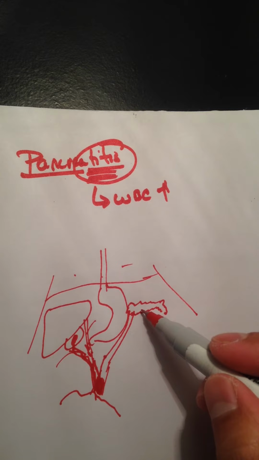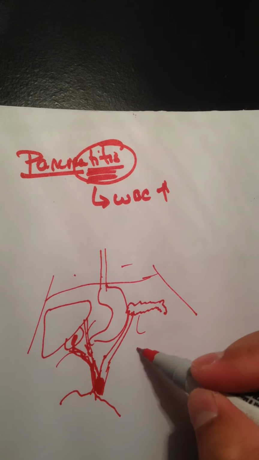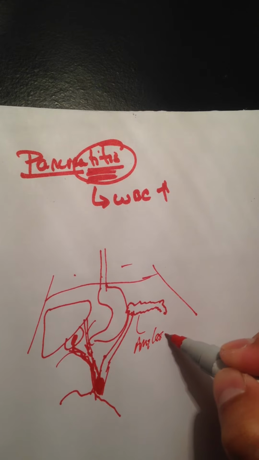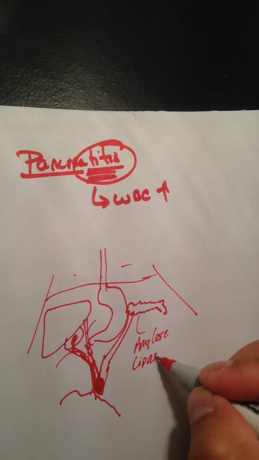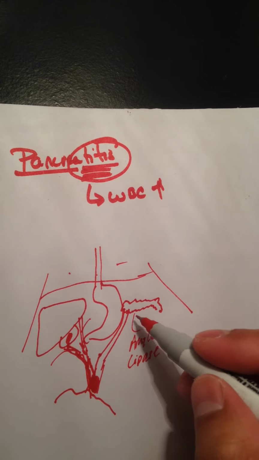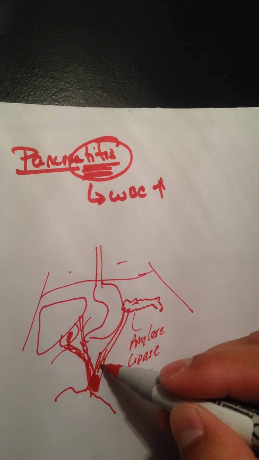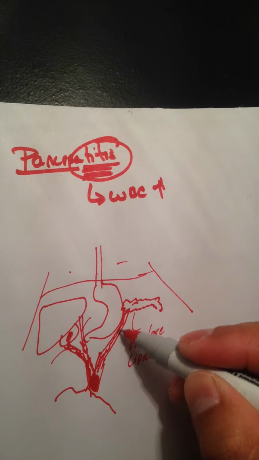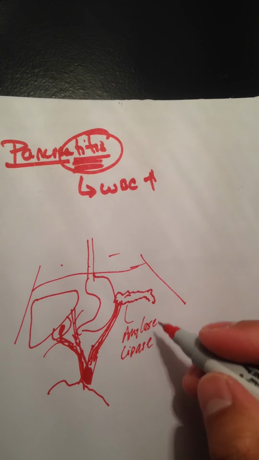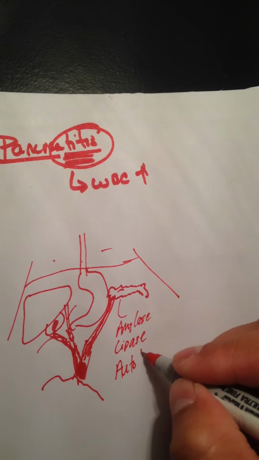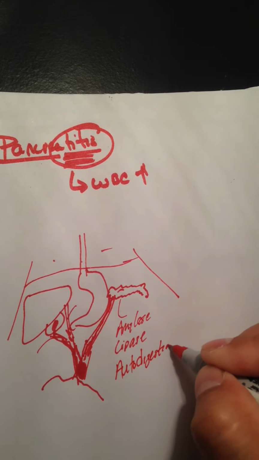Now again, the pancreas, it's going to secrete amylase. It's going to secrete lipase. So if this is blocked, then what's going to happen is all these enzymes are going to be backed up into the pancreas, and something called autodigestion is going to occur.